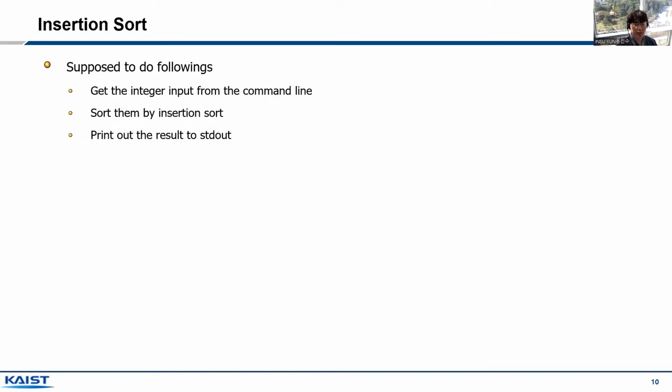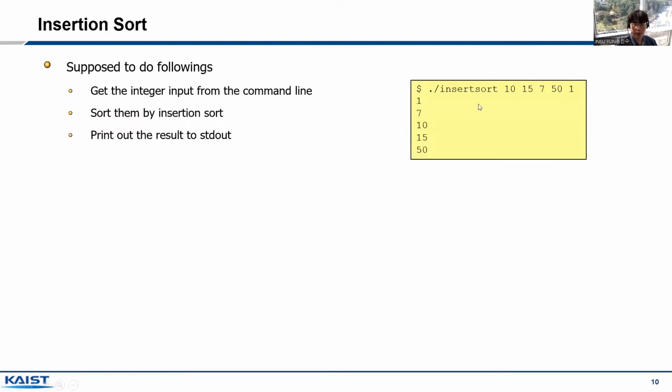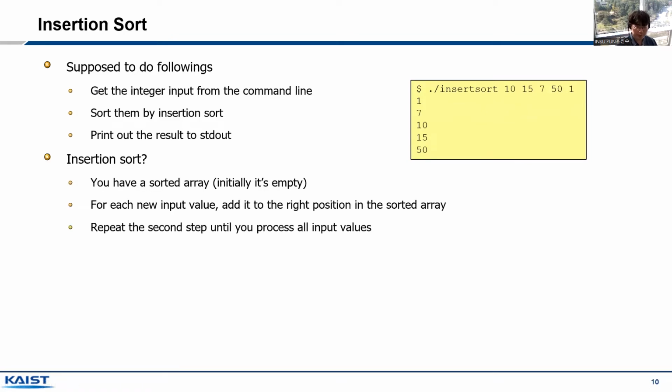That's the intention. For example, if we run the program with the arguments 10, 15, 7, 51, then we expect that this program will output 1, 7, 10, 15, 50. So those numbers should be sorted and printed out.